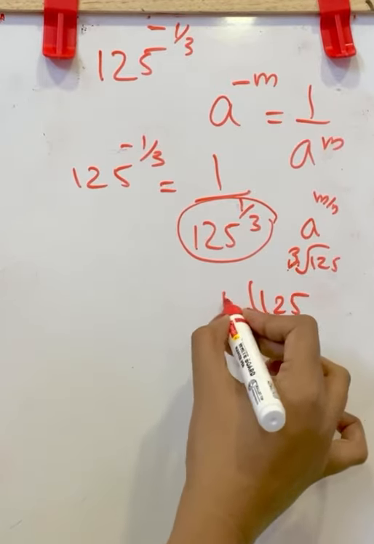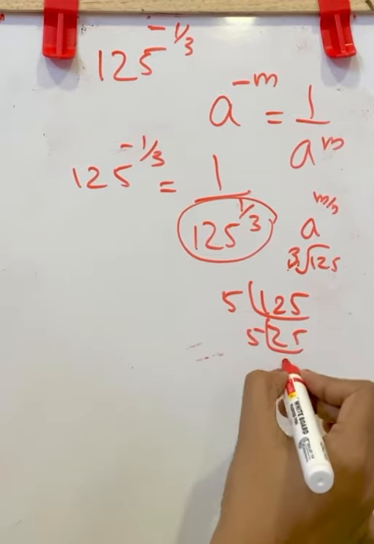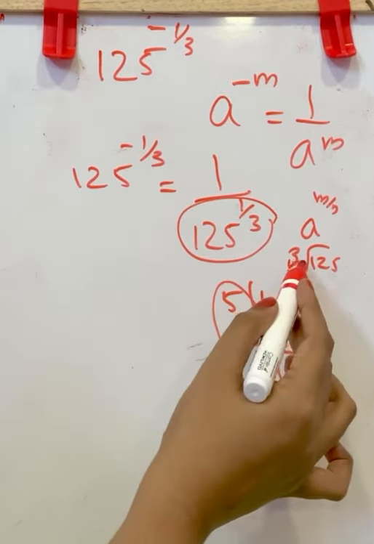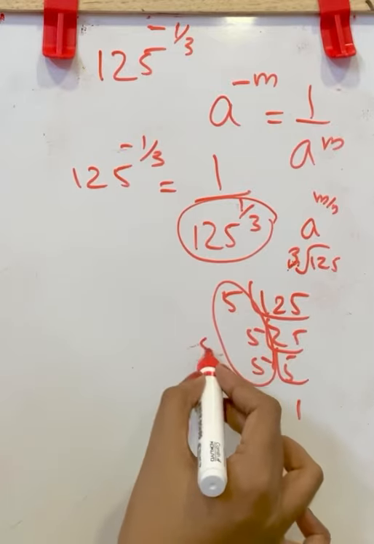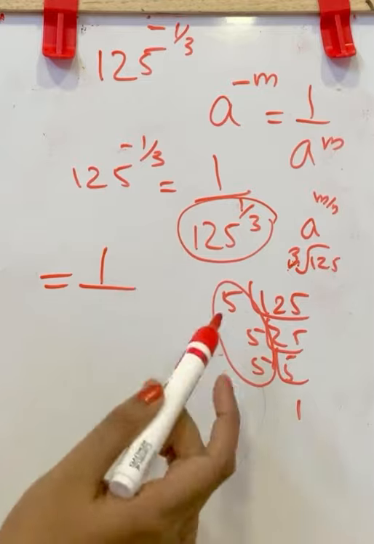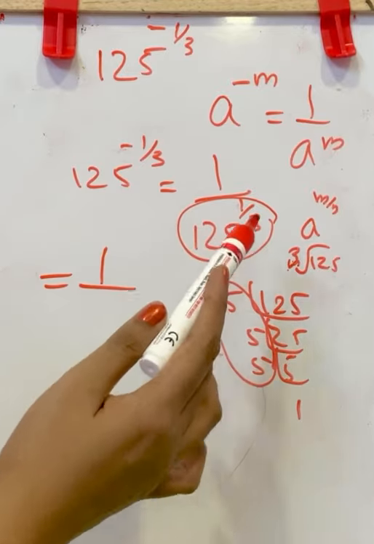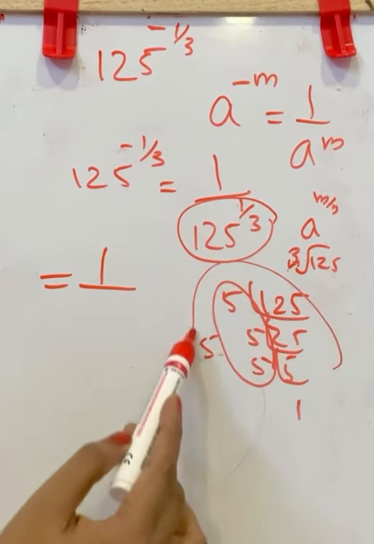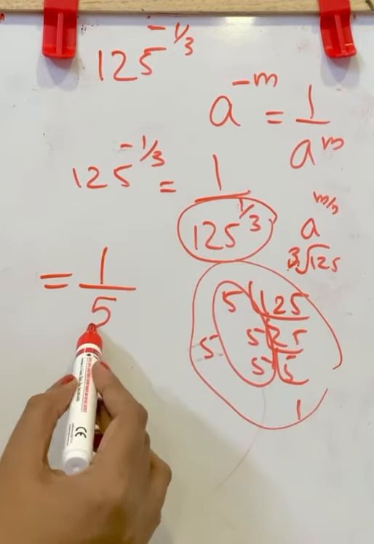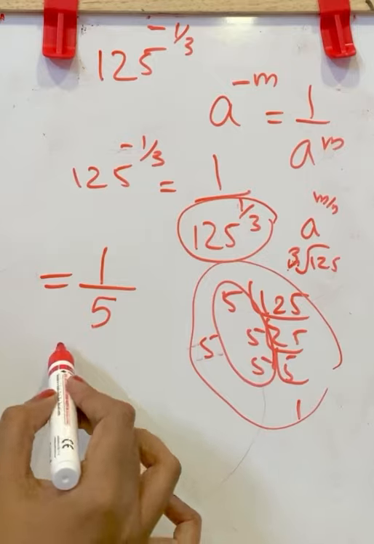Factorizing 125, we will get 3 5s, because we are taking cube root. So 3 5s at a time and take 1 5. So 125 raised to 1 by 3 is 5, and the answer is 1 by 5.